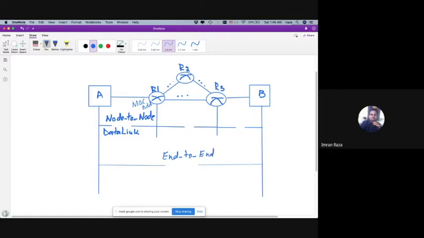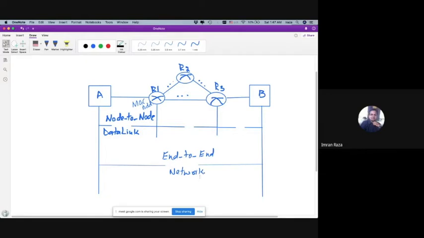So you can clearly see A is one end in this scenario and B is the other end that we want to connect to, right? So the connectivity between the two ends is known as end-to-end connectivity. And this is the responsibility of the network layer. So in our reference model, OSI or TCP/IP model, this is the responsibility of the network layer.